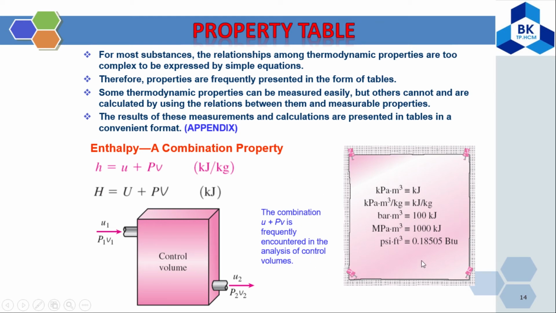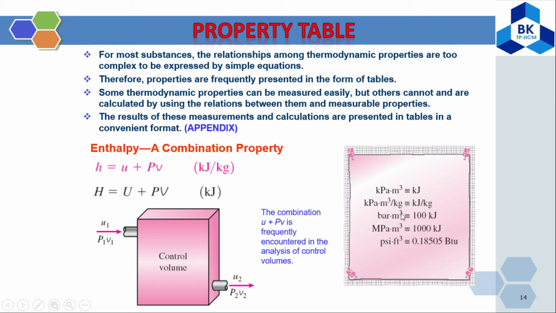So these are some units that you can use or remember. Kilopascal times cubic meter gives a kilojoule. Kilopascal times cubic meter per kilogram gives kilojoule per kilogram.